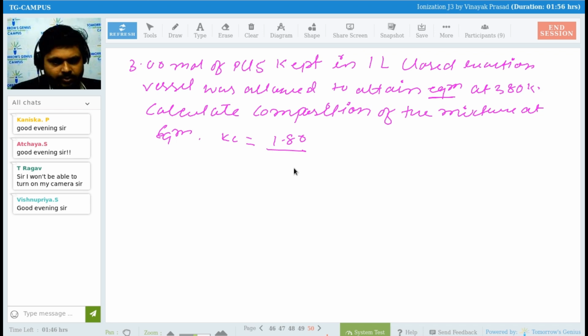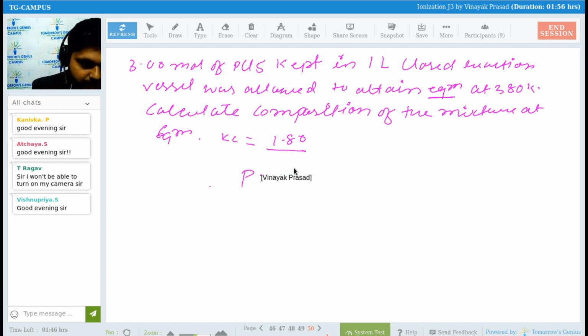Who has done this question till now? Anyone who has done this question? See guys, I am just hinting you. If it is possible for you to solve, then please tell me. What is saying here? 3 mole of PCl5, right?